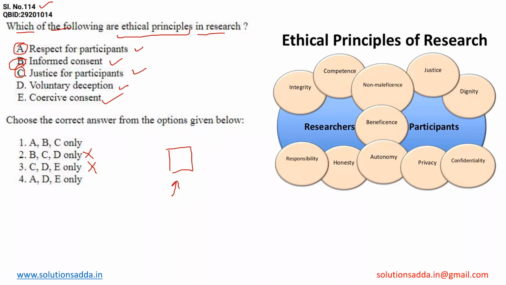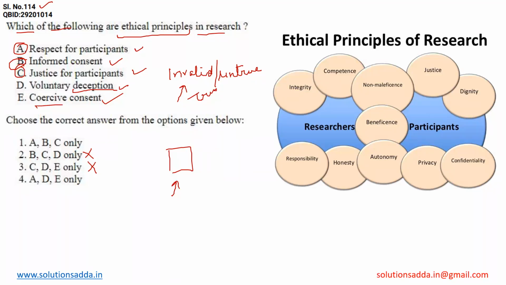So what is the difference between voluntary deception and coercive consent here? Deception, the general meaning of deception, is the act of causing someone to accept as true something which is already invalid. Here is a thing which is invalid, or we can say untrue, and we are forcing someone to accept it as true. So this is the meaning of deception here.